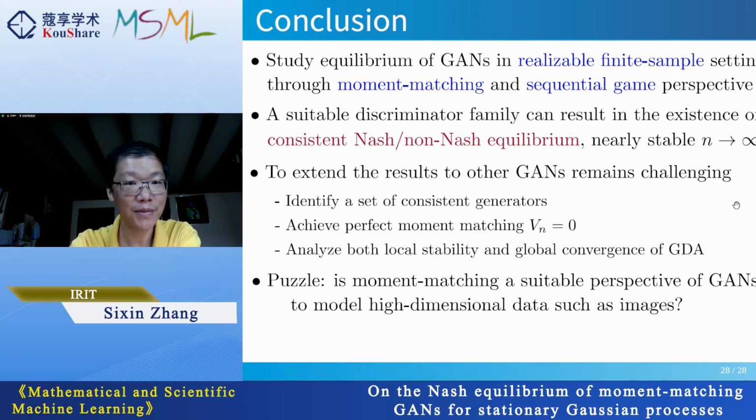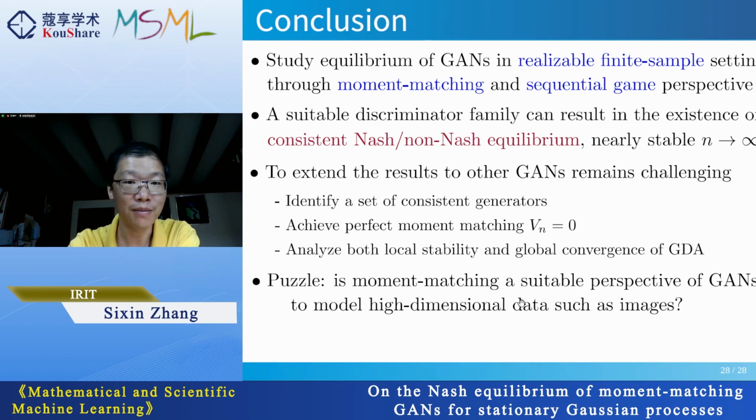An interesting puzzle for me is whether there is any moment matching perspective. One can argue the sequential game is maybe not a good perspective, or that it should use a simultaneous game perspective rather than a sequential one. So one may be more natural than the other.